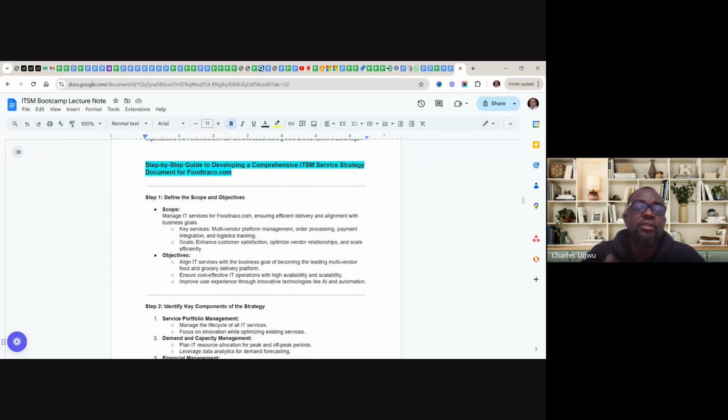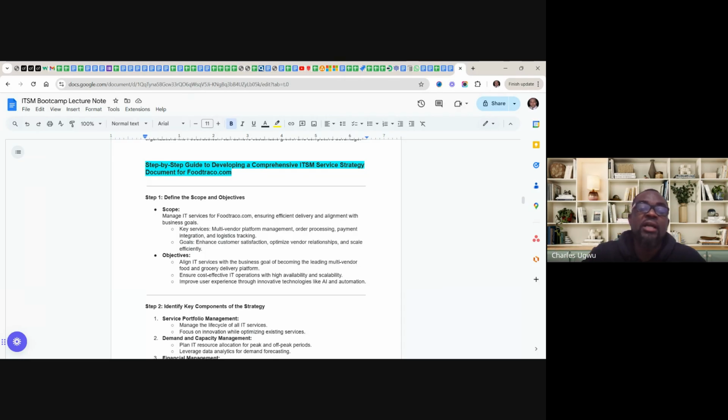Let's start from number 1: define the scope and objective. The scope: manage IT services for Foodtraco, ensuring efficient delivery and alignment with business goals. Key services: multi-vendor platform management, ordering process, payment integration, and logistics.